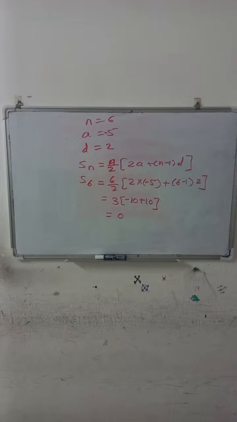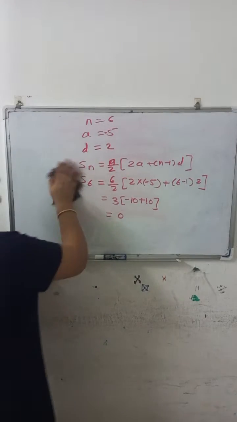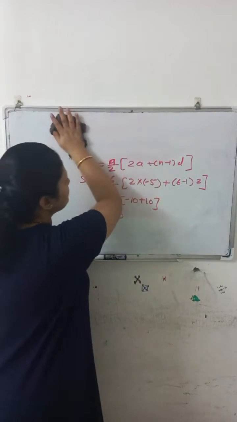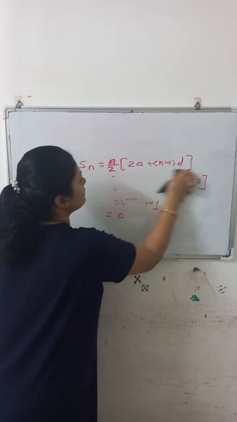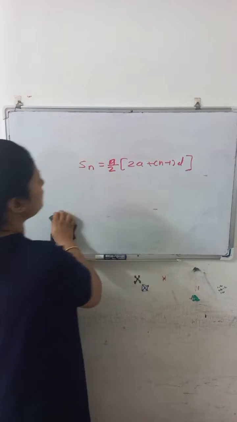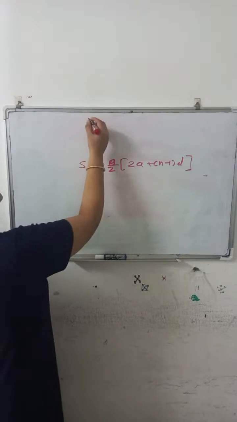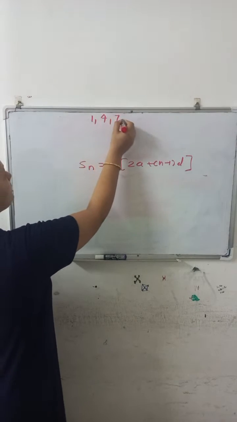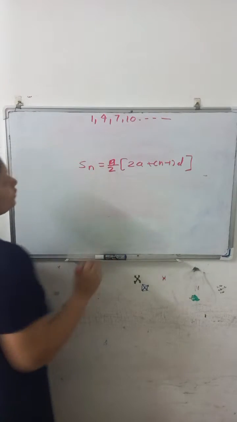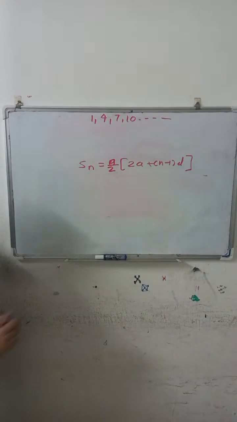First 20 terms sum we have to find out over here. Okay, and the given AP is 1, 4, 7 and 10 and so on. We have to use the same formula here.